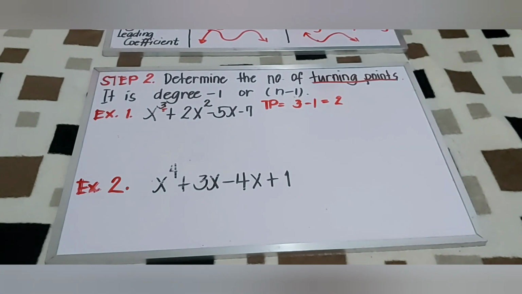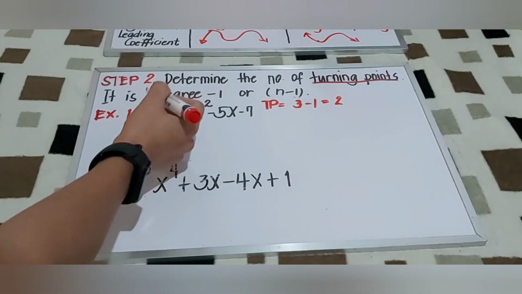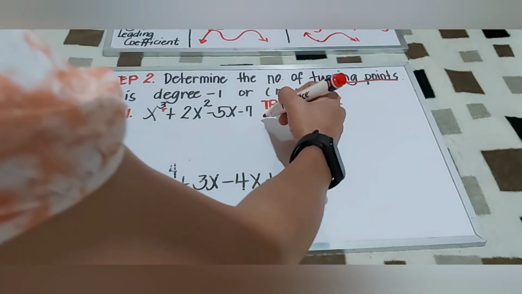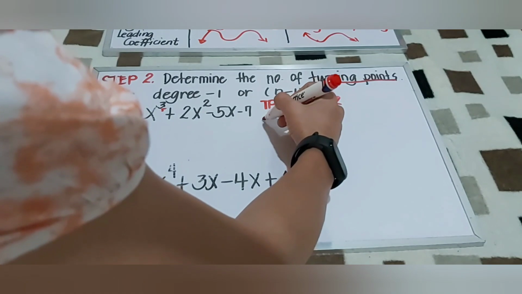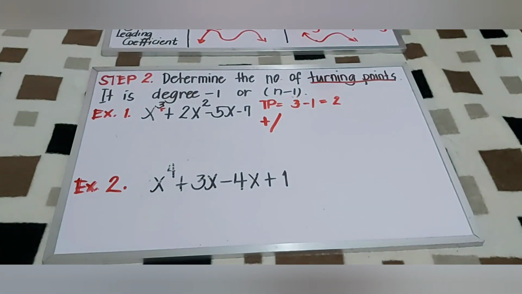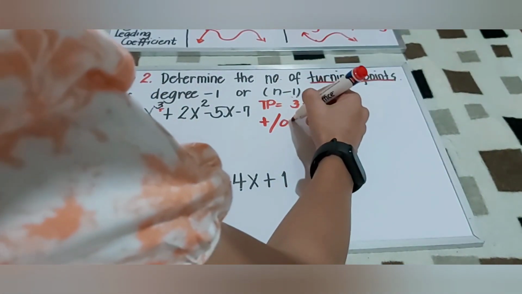So, pagsamahin natin ang step 1 at step 2. Okay. Ano kaya ang ating magiging end behavior? Tingnan natin ang leading coefficient. This is positive 1, right? So, our leading coefficient is positive. And our n or degree is 3. 3 is odd, right?